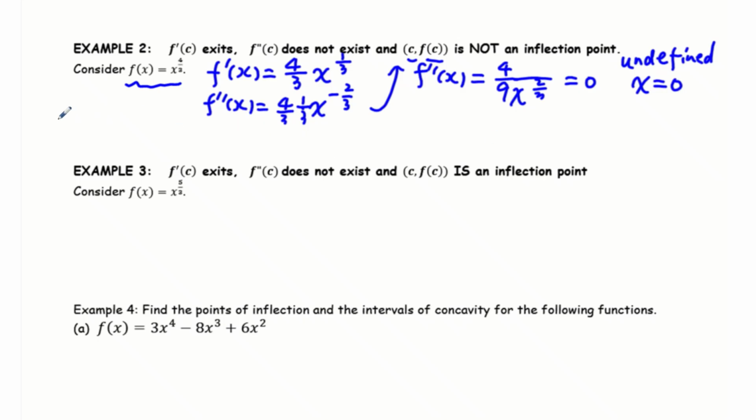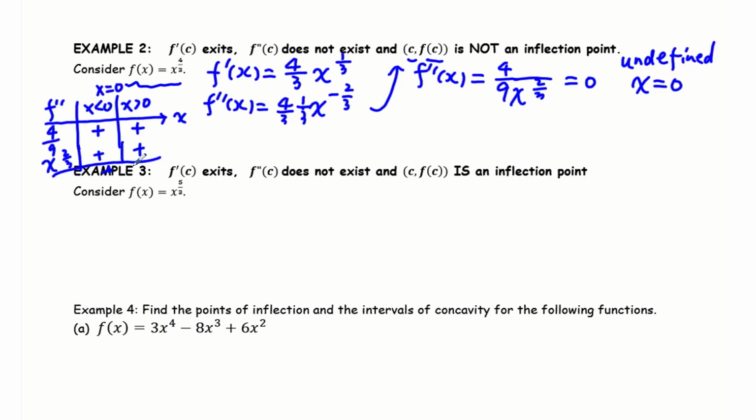Then we need to check the left side, right side of f double prime at x equals 0, to see if the left and right are positive or negative. So x less than 0, x greater than 0. For the double prime, you will see you have x squared here, so it will always be positive. So 4/9 is positive, x to the 2/3 is positive all the time. So you have positive, positive.